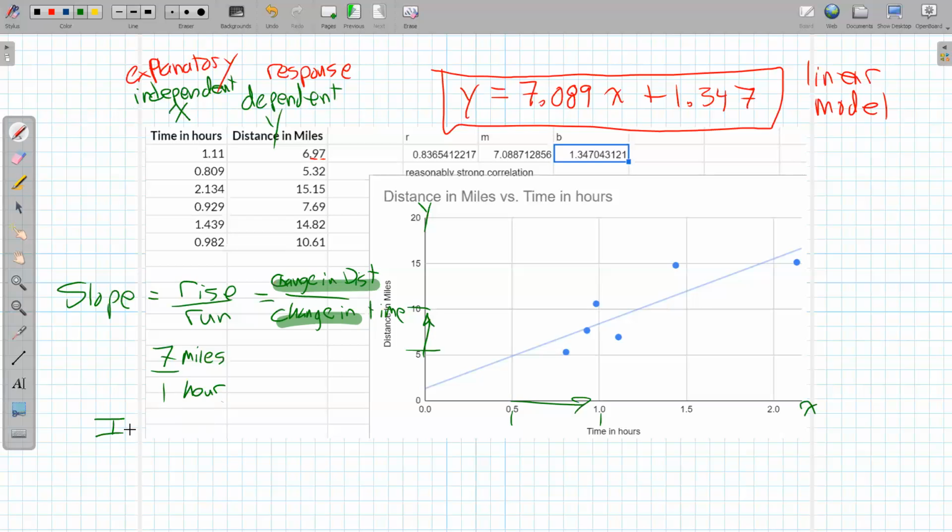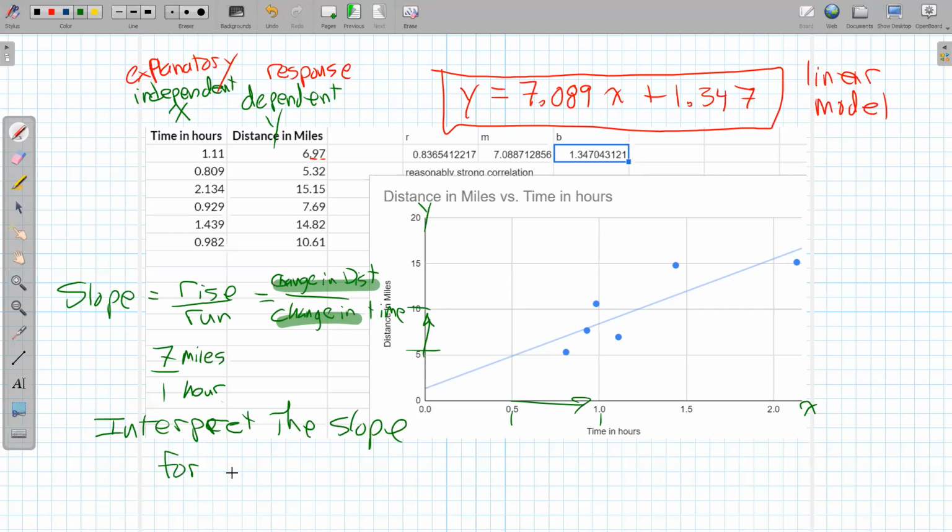So next thing I'm going to do is interpret the slope, which just means write a sentence in common language. All right, so starting with the explanatory variable, that's a positive, so I would say something like increase or goes up. I use some words that mean positive, because that's a positive number there, positive change.